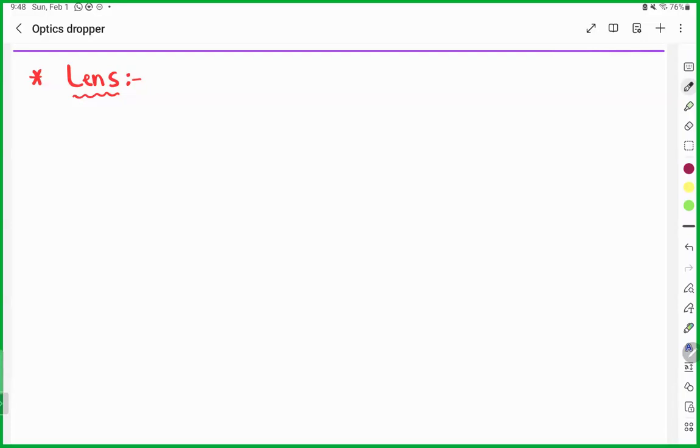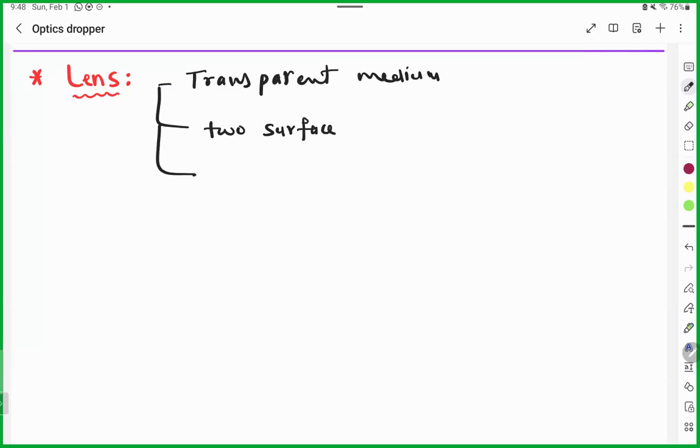Come to the lens. A transparent medium has two surfaces, at least one of which is spherical. So two surfaces are present in a lens, and out of those two surfaces, one or both are spherical.